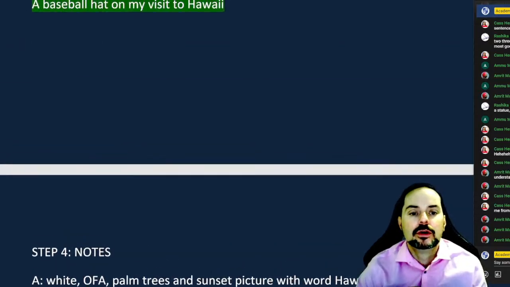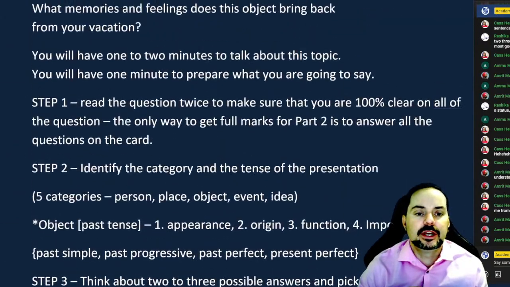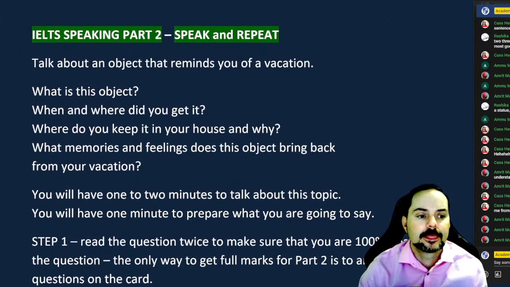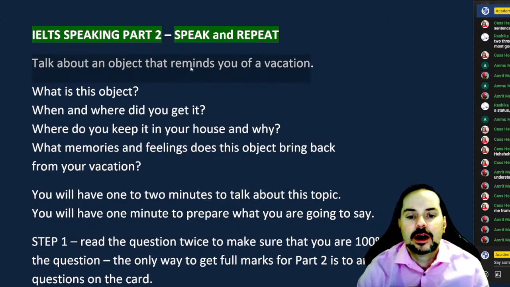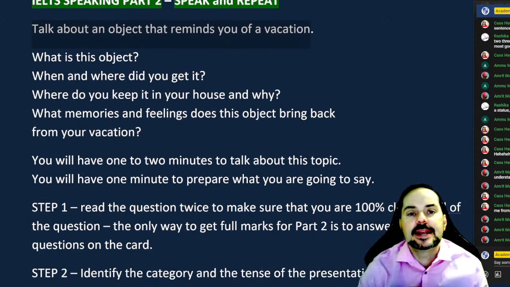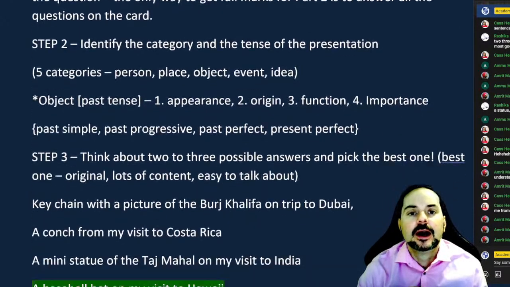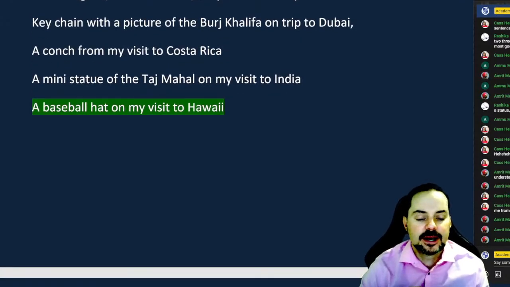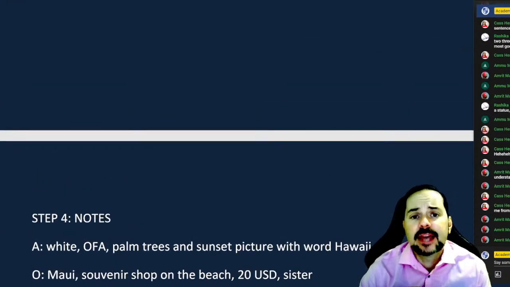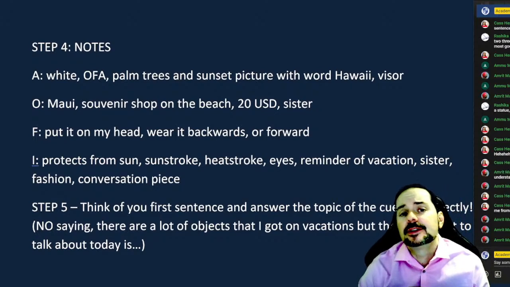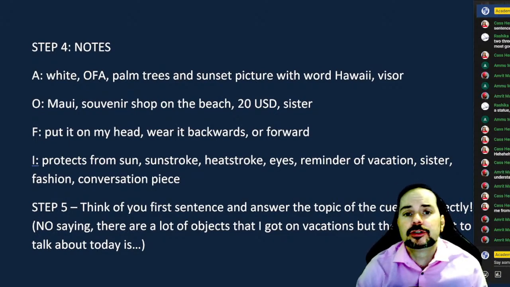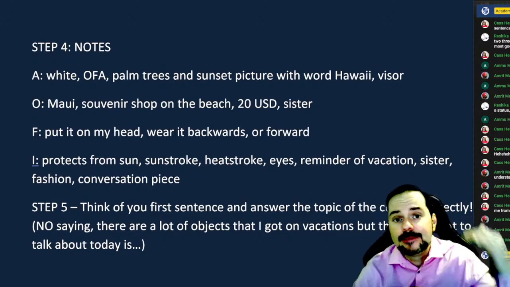All right, so look at the topic question. So talk about an object that reminds you of a vacation, and then answer that very clearly, okay? And if you can, paraphrase it. When you paraphrase that first sentence, that's a really great way to start your response to get a high band score.